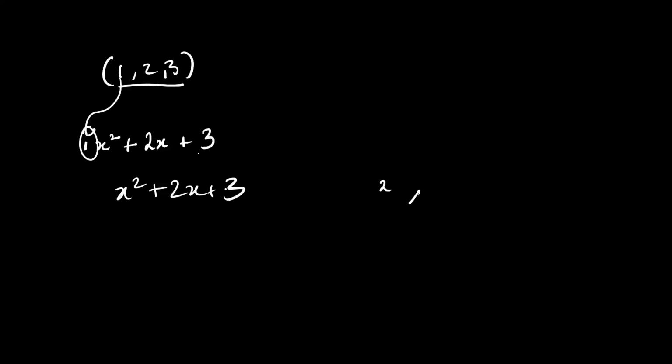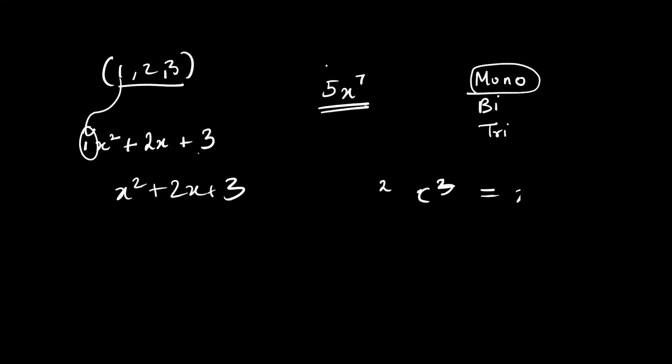Okay, someone is asking about question 3. In question 3, you should know that monomial stands for 1 term, binomial stands for 2 terms, and trinomial stands for 3 terms. Now, when they ask for a monomial with degree 7, a monomial means there should be only one term, and the power there should be 7. So I can write 5x raised to 7. This is a monomial. There is only 1 term and the power of x is 7, so the degree is 7.